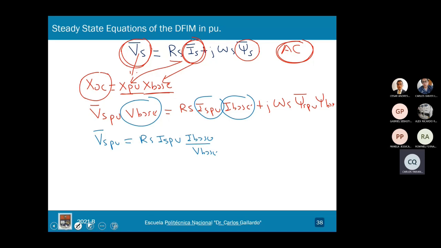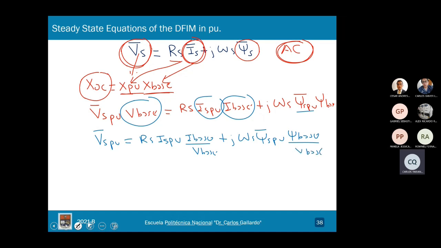Plus j times the angular frequency times the stator flux per unit value, times the flux base over the voltage base.